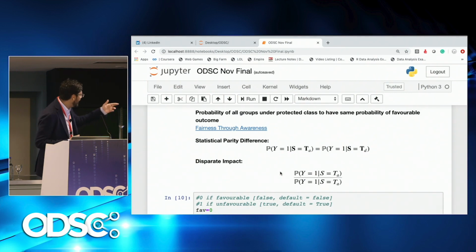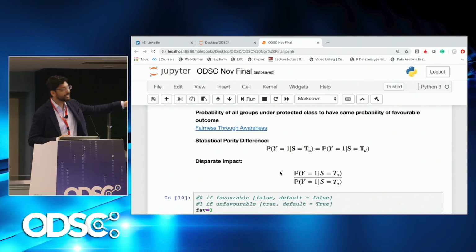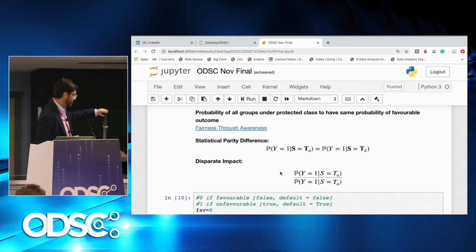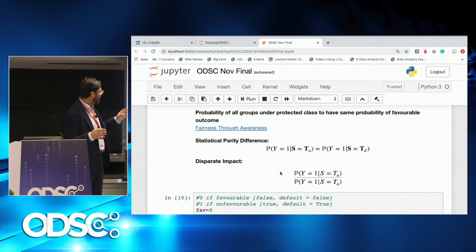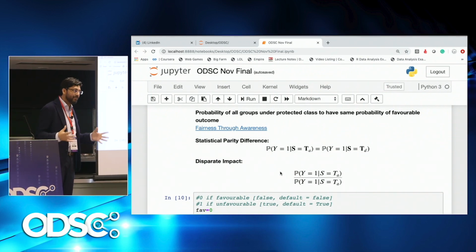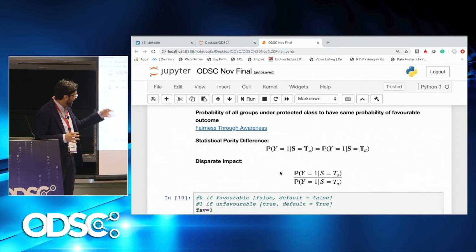So A and D is advantaged and disadvantaged. So the probability of anybody being tagged as non-defaulter for the advantaged group should be equal to the probability of somebody being tagged again as non-defaulter for the disadvantaged group. Simple.